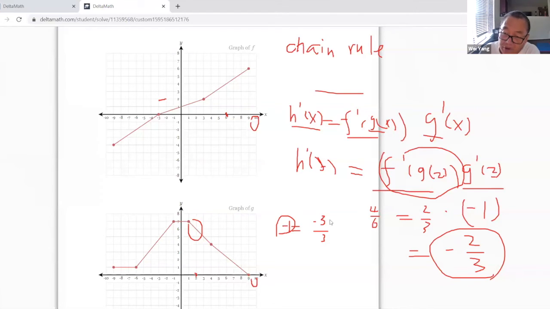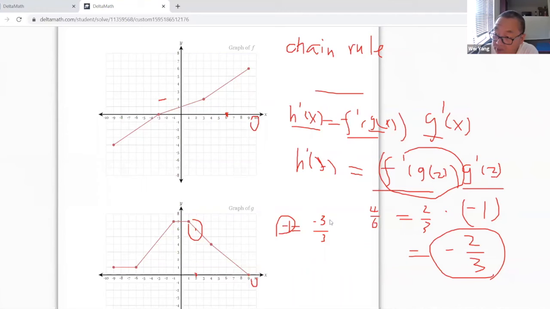Then we go backwards to f(x). When x equals 2, g(2) equals 6. This gives you the variable in f(x) when x equals 2.